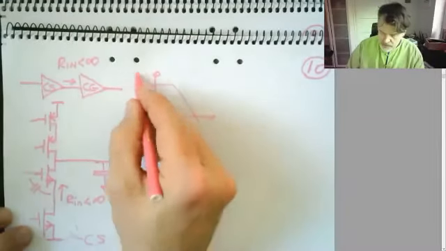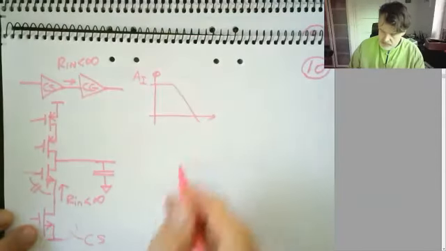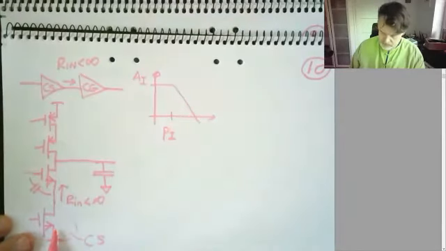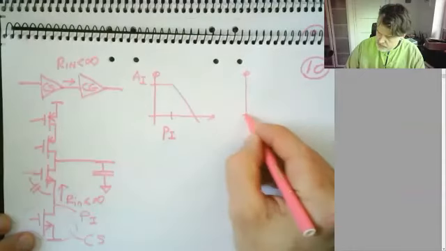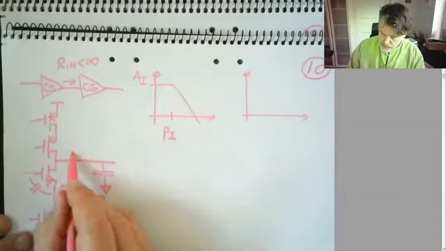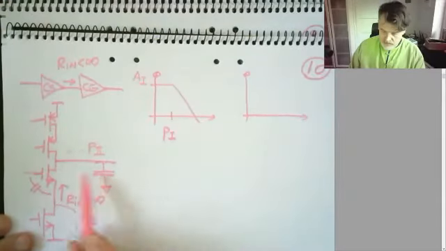So if I compare these two guys, I'm going to have A1 from my common source, the gain of this transistor. I'm going to have my pole of this transistor, which is dependent on the load here. So here I have P1. And then in the other stage, the common gate, I will have pole P2 being associated with the output node, and that capacitance and the impedance here.